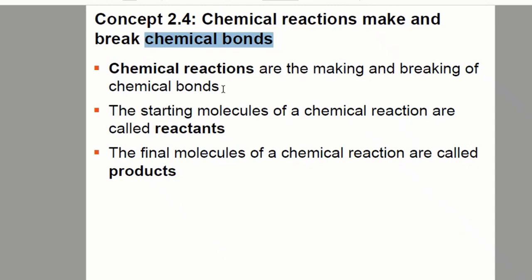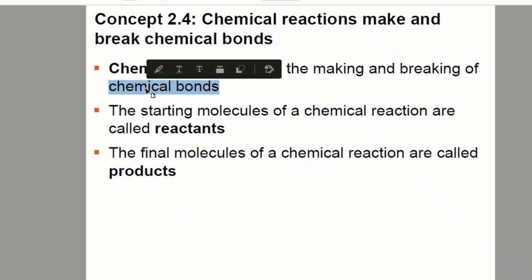Sometimes they may not ask you to describe what chemical reactions are. They might ask you how to describe chemical bonds, or how chemical bonds are formed. Then you have to describe that they are formed through chemical reactions. You can explain further that the starting molecules of a chemical reaction, which makes the chemical bonds, are called reactants.